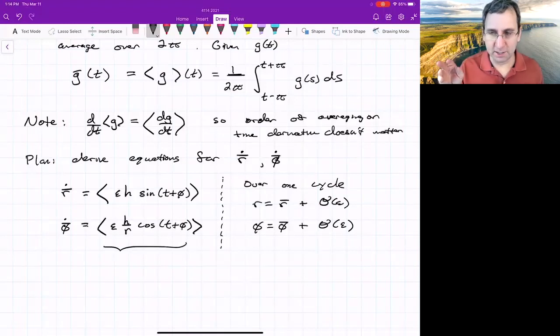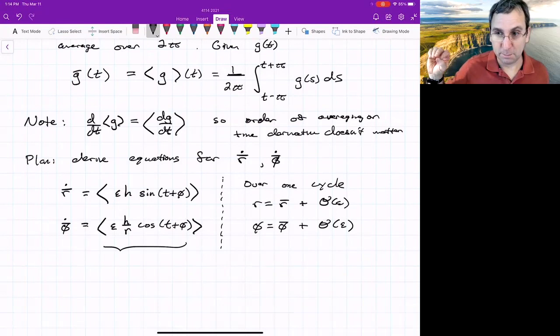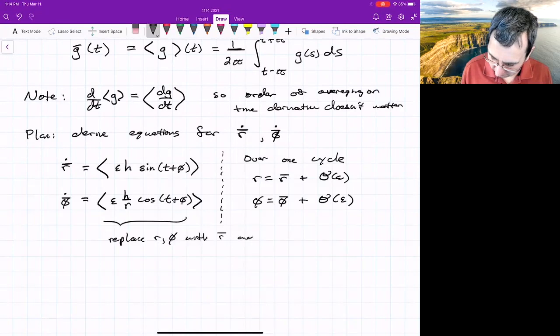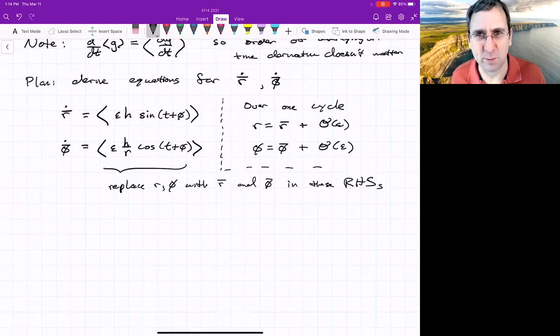So this will cause an order epsilon squared error in the ODEs, but that's all right. Order epsilon squared is small. We're trying to get the order epsilon. So we will replace r and phi with r bar and phi bar in these right-hand sides. The beauty of this is that we will get autonomous equations that we can then analyze with phase plane methods.